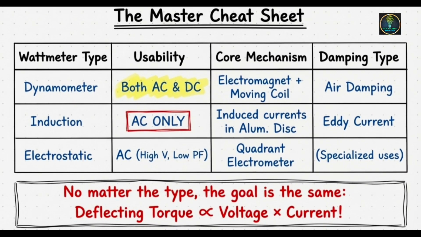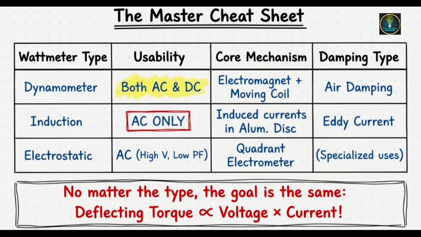The master cheat sheet: wattmeter type, usability, core mechanism, and damping type. Dynamometer: both AC and DC. Core mechanism: electromagnet plus moving coil, damping type: air damping.